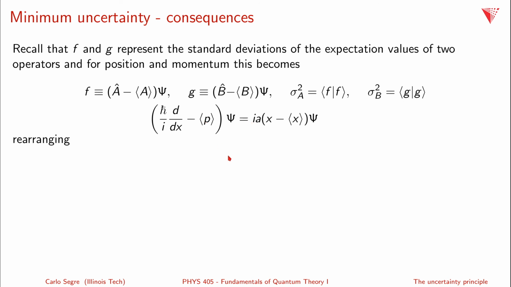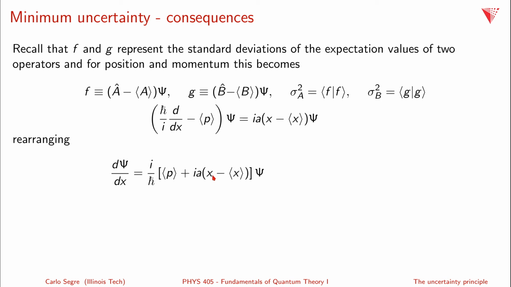Now, if we rearrange this and apply the derivative through here, we get the derivative of psi with respect to x is equal to i over h bar times the quantity expectation value of p from here, plus iA times x minus the expectation value of x, all applied to psi.